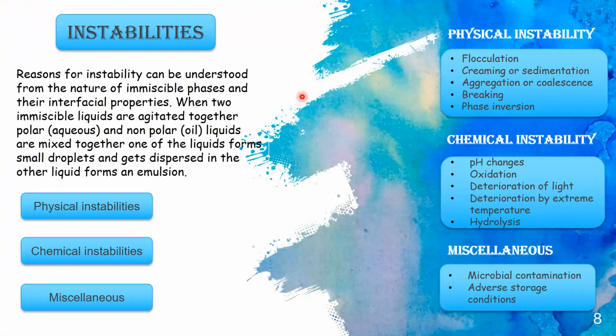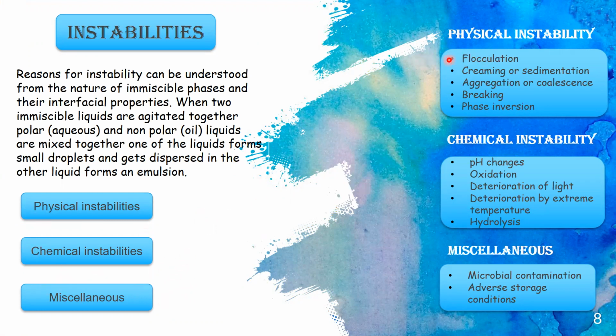If we talk about instabilities, the reasons for instability can be understood by the nature of the immiscible phases and their interfacial properties. When the two liquids are not miscible in each other, they will separate into polar and non-polar phases, and that can cause instability in the emulsion. That can be of physical, chemical, and miscellaneous type.